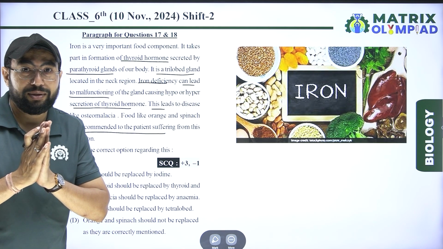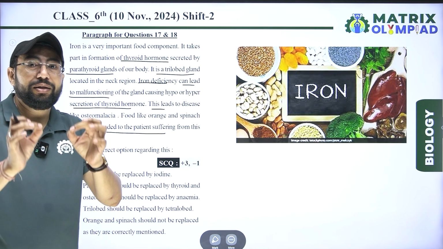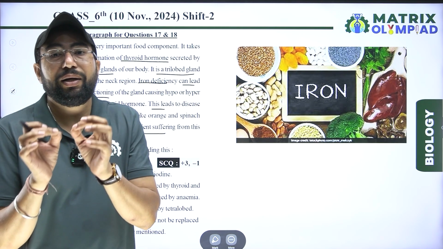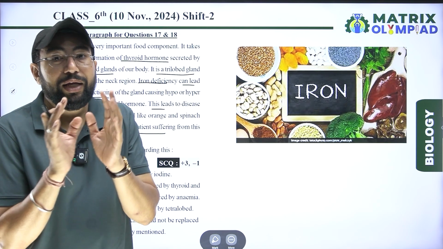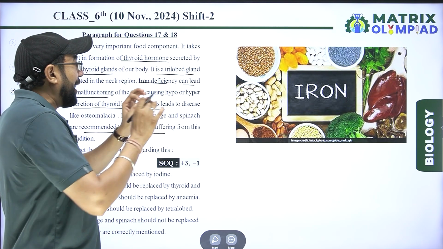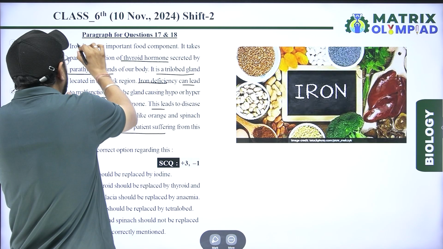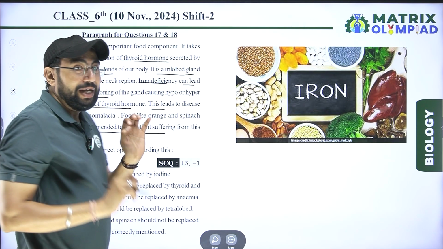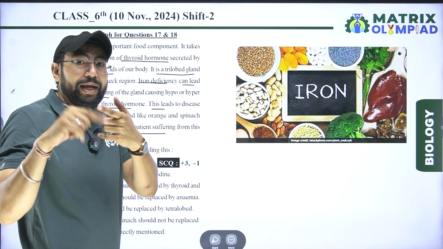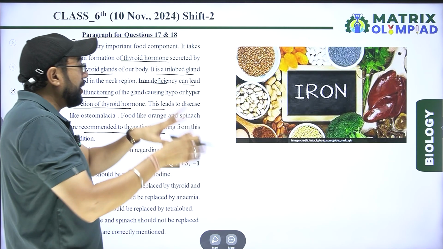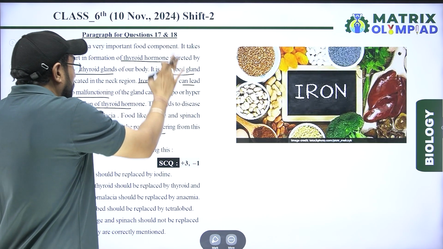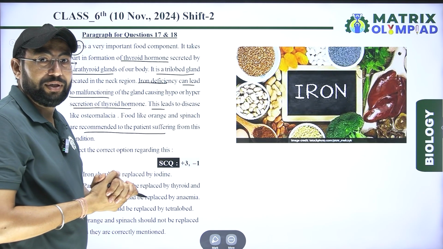Iron is related to blood, hemoglobin. In this paragraph, iron is wrong because iron should be replaced by iodine. Iodine is the correct fit for this paragraph.